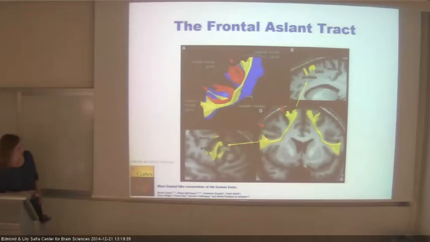This pathway, the frontal aslant tract, connects between the pars opercularis or triangularis, so Broca's area, broadly speaking, a little posterior to that sometimes, and the SMA, the supplementary motor area.